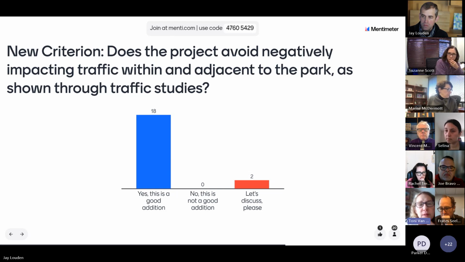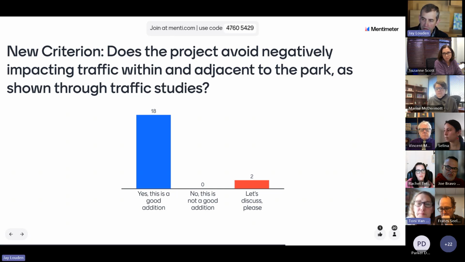And the other part was, how do we manage the traffic better? I think Selena and I can play with the words on that if everybody's okay with that. Yeah, and Kathy in the chat said a proposed project could include traffic mitigation features, which might help. And I think there's some agreement with Parker's comments in the chat as well.